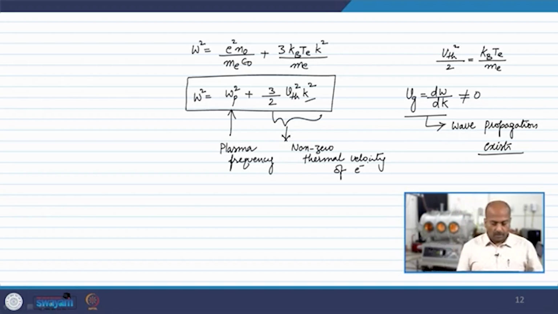We know very well that omega pe is the square root of n e square by m e epsilon naught.